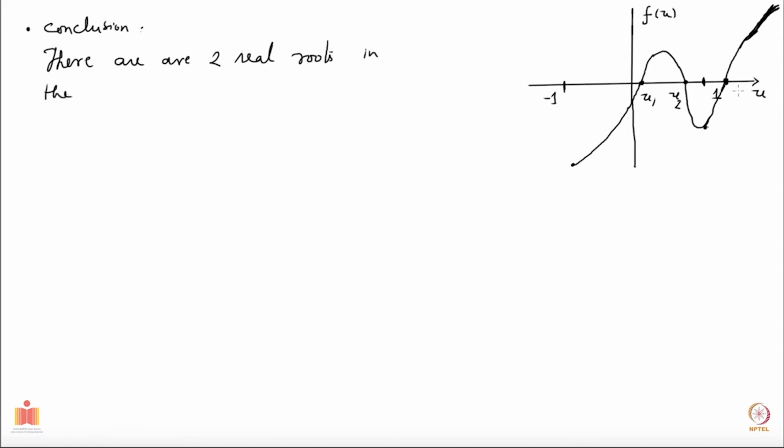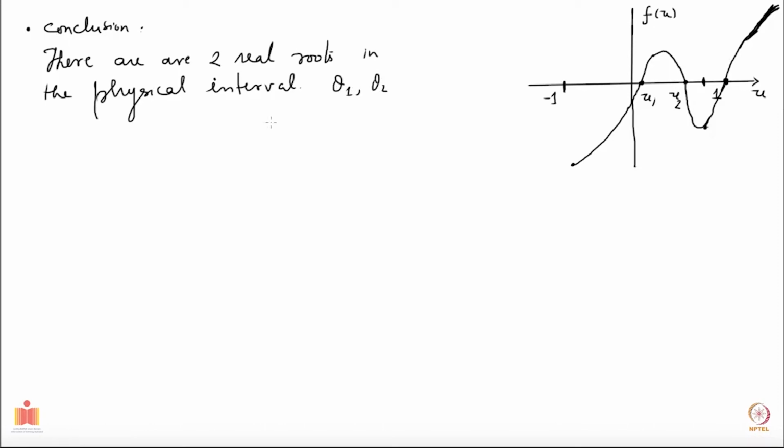This one is not in the physical interval, it is outside the range -1 to 1. So in the physical interval, these two will correspond to values theta 1 and theta 2.